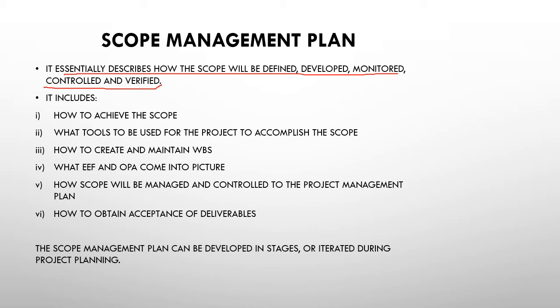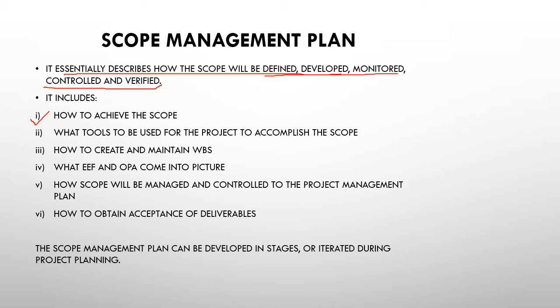So what does the scope management plan include? It includes, first of all, how to achieve the scope. The scope that you have defined and developed, the scope management plan includes how to achieve that scope.